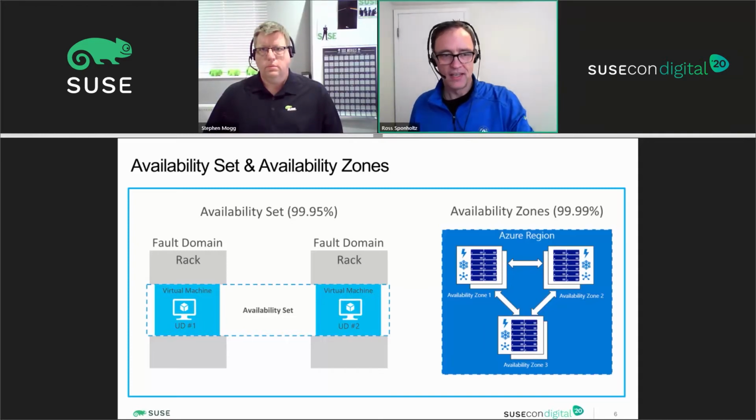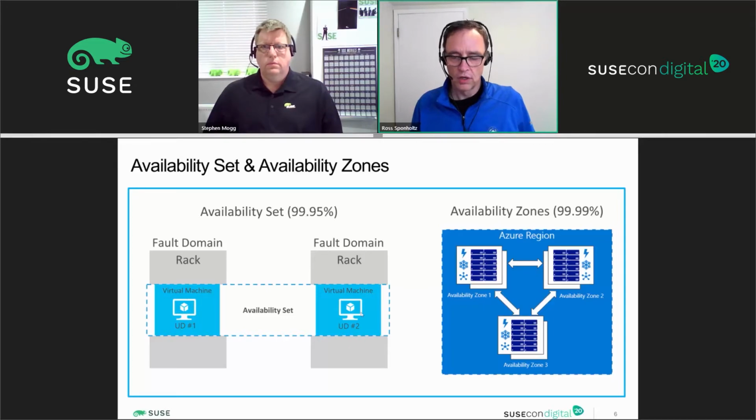Now, availability zones and availability sets are mutually exclusive, so you have to choose one or the other that you're going to work with. Availability zones, if you can use them, should achieve a higher availability overall. One caveat I'd like to throw out with regards to availability zones is that we have to do some testing.